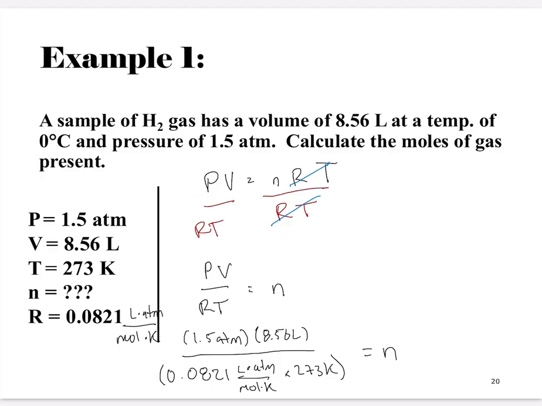All right, so do our atmospheres cancel out? Yeah, our atmospheres cancel out. We see them cancel out right here. Do liters cancel out? Yep, liters right here cancel out. And what about Kelvin?